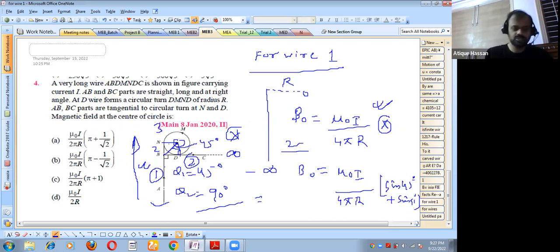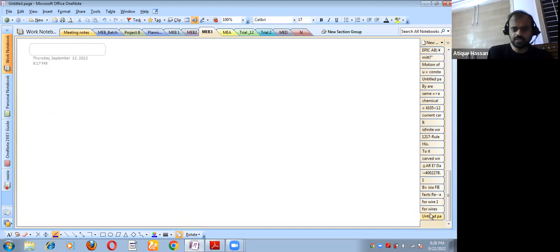Now the third portion of the wire is circular, right? The wire goes A, B, then comes M, then N, then D, then C. It is like this. Due to a circular portion of a wire, we know the magnetic field.